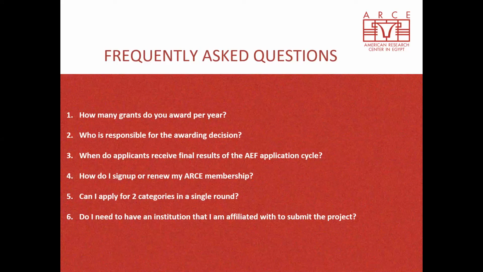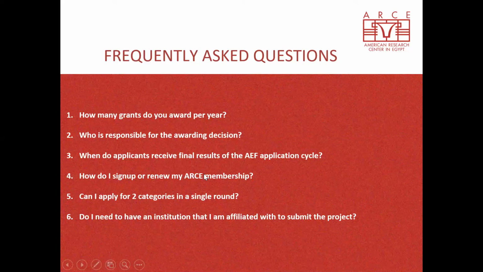They are actually sent through the same platform, Submittable, that you submitted your application on. So you'll receive an email notification that a letter was sent to you on the platform, and you can just log into your Submittable platform and check your letter to see the decision that was given to you.